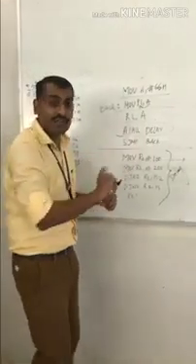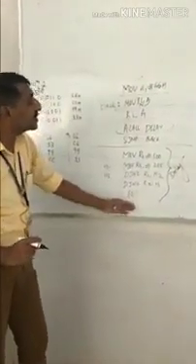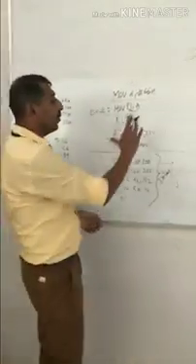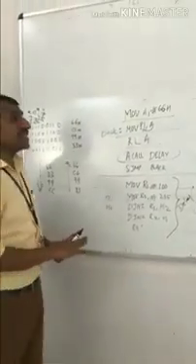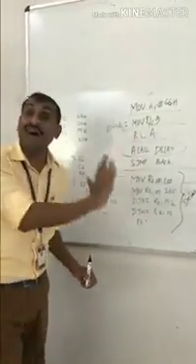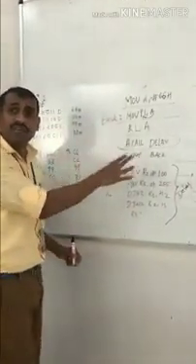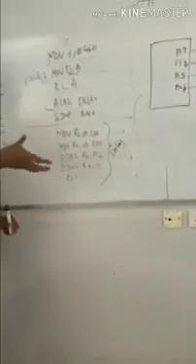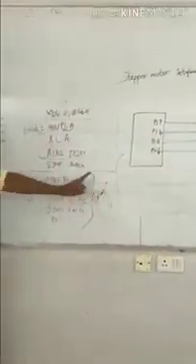Rotate it left, give a sequence. Now this program is written for making the stepper motor rotate in clockwise direction infinitely. There is no stoppage here. You go on giving the sequence, it goes on giving the jerks, right? So this is an infinite clockwise rotation.